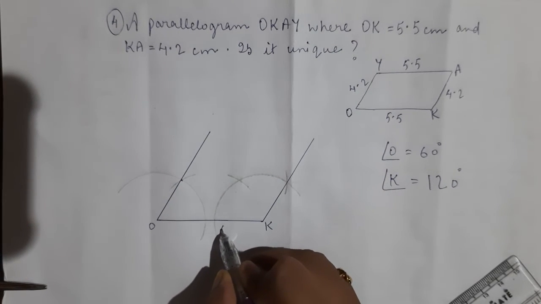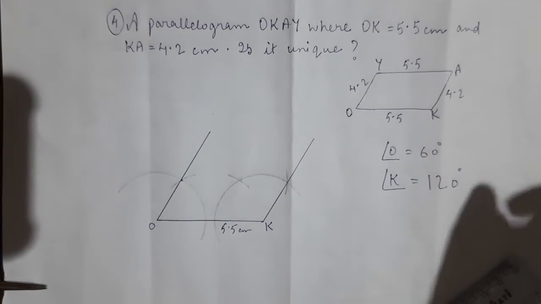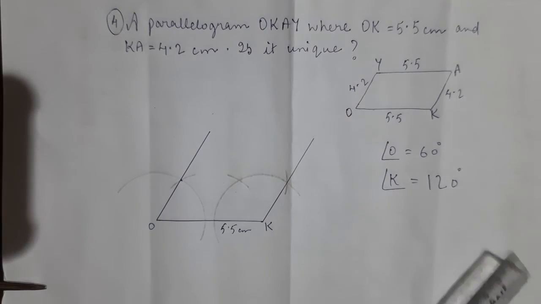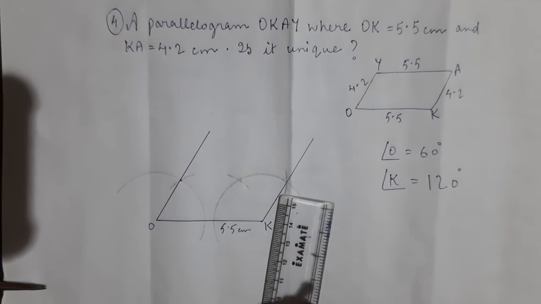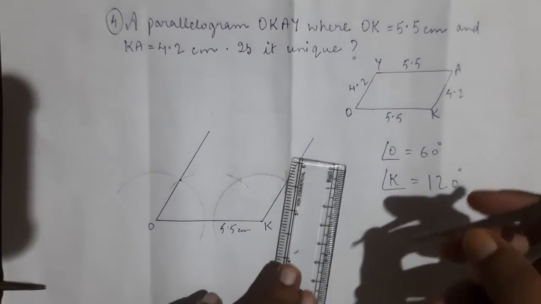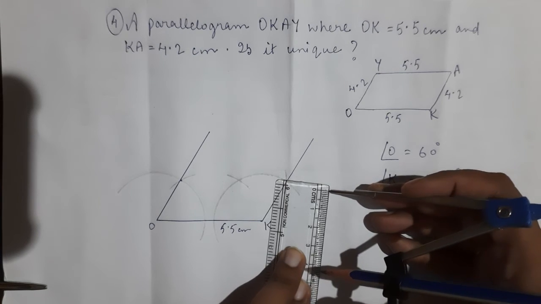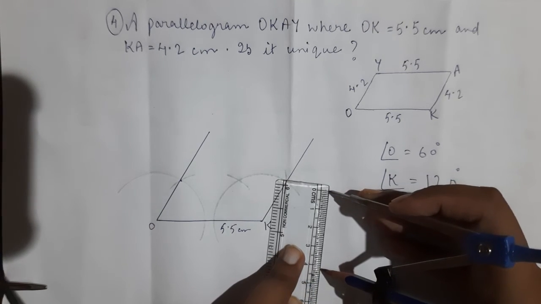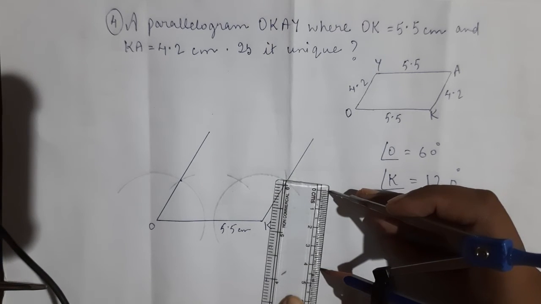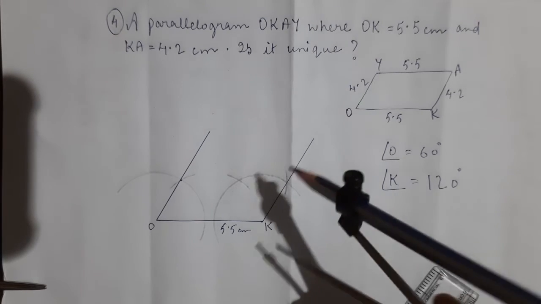OK is 5.5 centimeter, KA is 4.2. So from here I will put an arc of 4.2 centimeter. Children, we will take the measurement very correctly. See, this is already 4.2. Fortunately this is already 4.2.